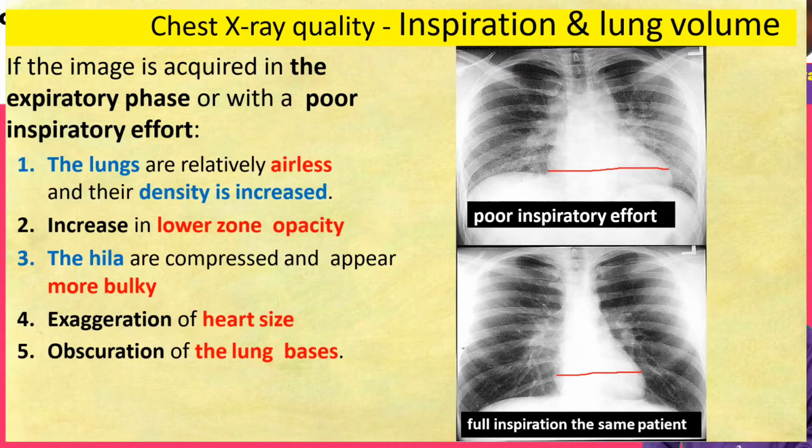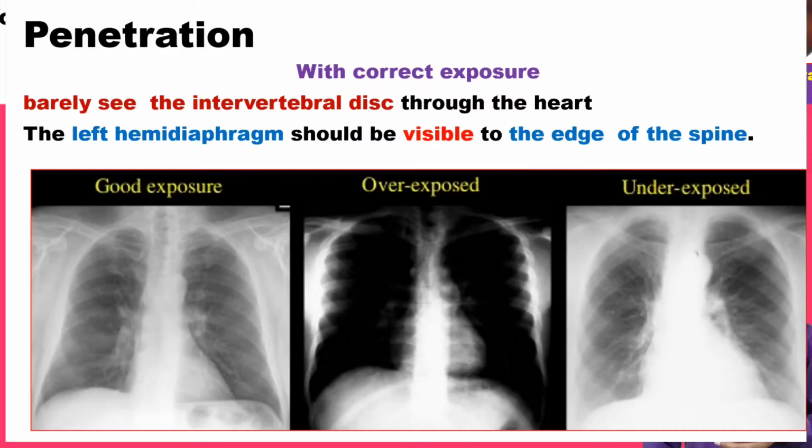And there is obscuration of the lung base because of increased opacity at the base of the lung field. So guys, a good inspiratory picture will tell us the good pathology or good disease.